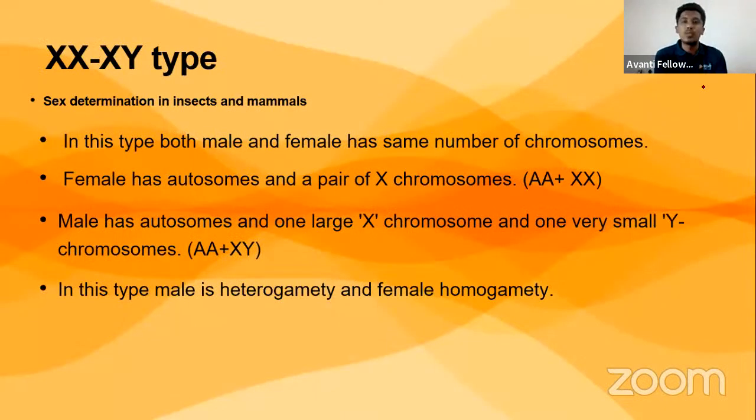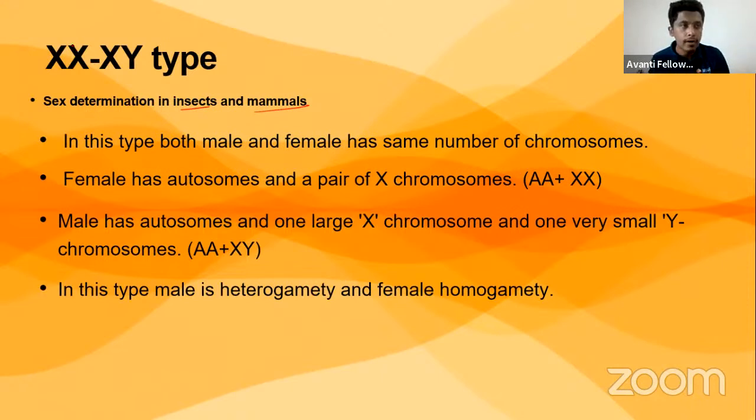The next one is XX and XY type of sex determination, which is very, very popular. What is the example? This determination happens in insects, for example Drosophila, and mammals like humans. We know that females are XX and males are XY.